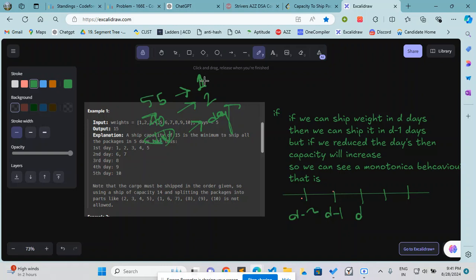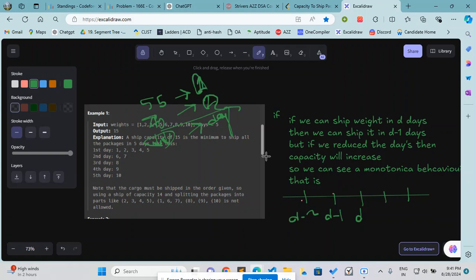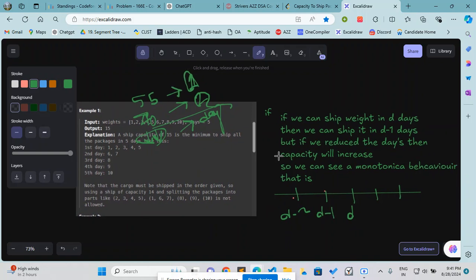By calculation, you can see that if shipping is possible in D days, then it can also be shipped in D plus 1 days. So we have to check whether it is possible for D days or not.